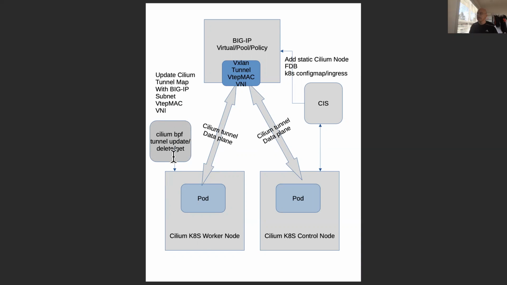So we also have a bash script here in this little block to manage the Cilium BPF tunnel map. Basically, it just updates the BPF tunnel map with the BIG-IP VXLAN VTEP and VNI information.